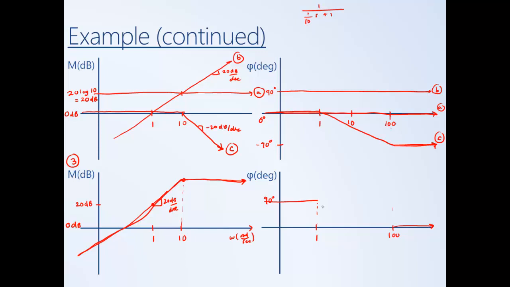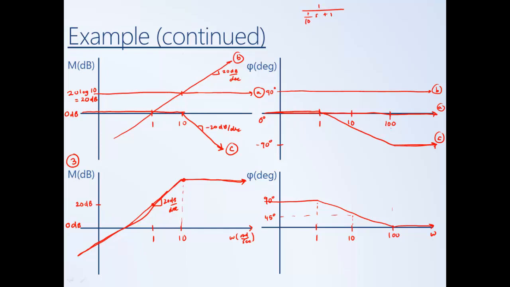And the in-between we just connect by a straight line, where the halfway point is the break frequency. That's at 45 degrees. So this is the straight line approximation of the phase plot for our transfer function. Again, versus omega in radians per second.